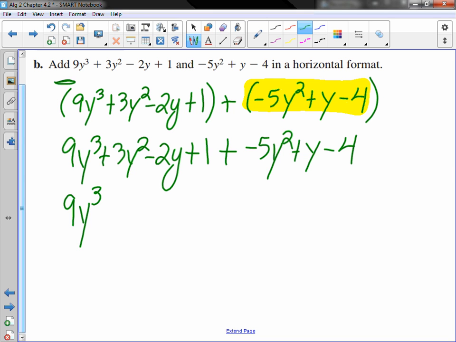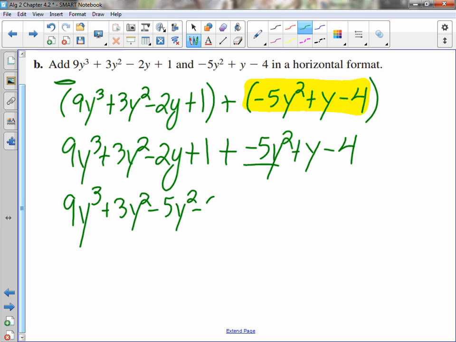Then I have plus 3y squared. Well, there is another y squared term, so I'll move it over next to it, minus 5y squared. Minus 2y. Well, we also have plus y, plus 1, and minus 4. So I just reordered them so that the terms that are like each other are next to each other. Now we simplify.